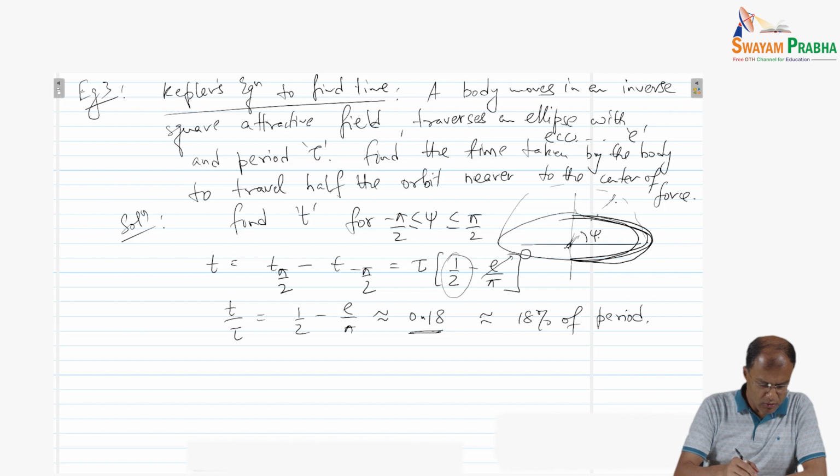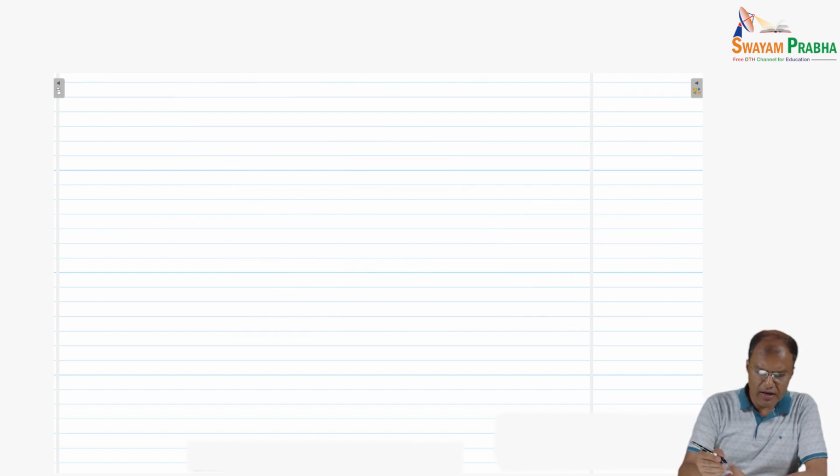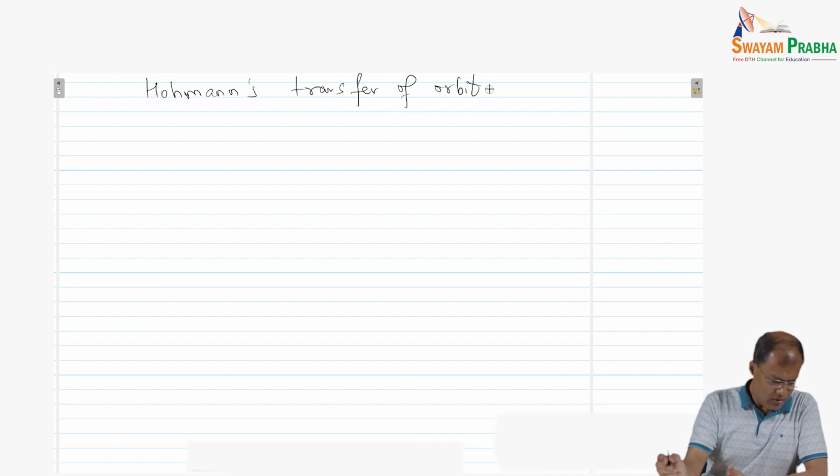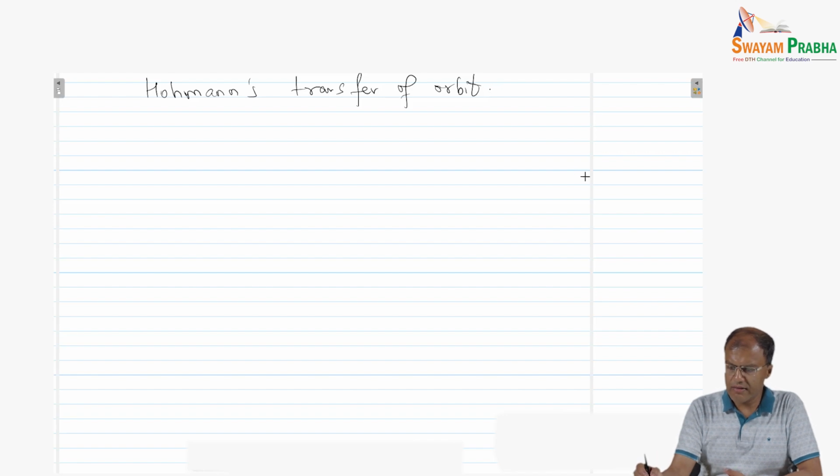Okay, so what we have got is Hoffman's transfer of orbits. Okay, so the idea is that, look, we have a planet, let's say Earth, right?